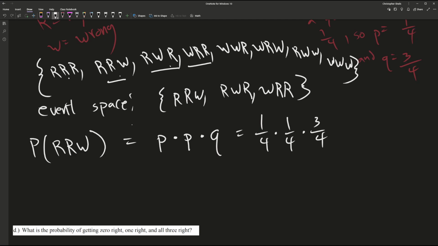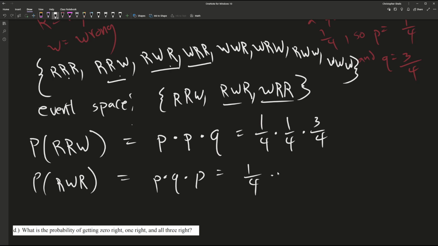And this is going to be the same for these other 2 as well, right? For instance, the probability of RWR is going to be P times Q times P, which is 1/4 times 3/4 times 1/4.